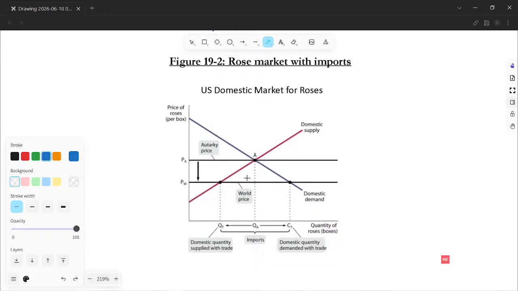Yeah, okay. So it's just showing what happened to the domestic supply. Yeah, US domestic market for roses. Right. So the price is lower on the domestic supply, which means domestic demand.